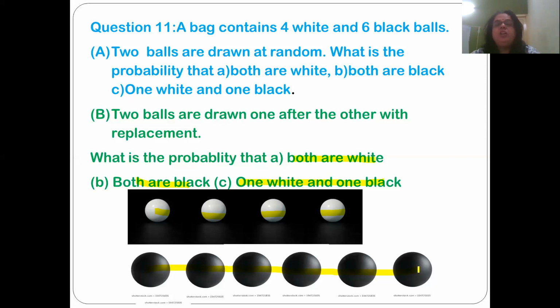So 2 balls are drawn one after the other with replacement. With replacement means as soon as you take the first ball, you note down the color and throw it back in. That is, you are replacing that ball inside the bag itself. So this is about the understanding of the problem.